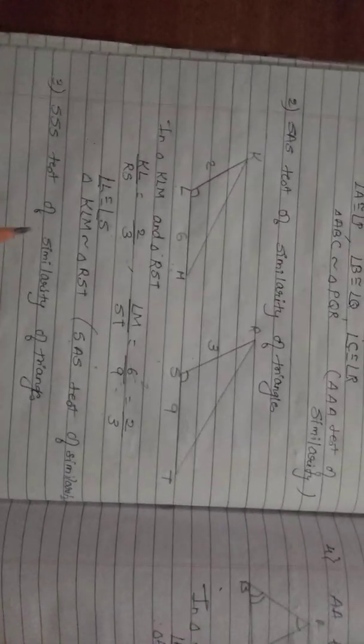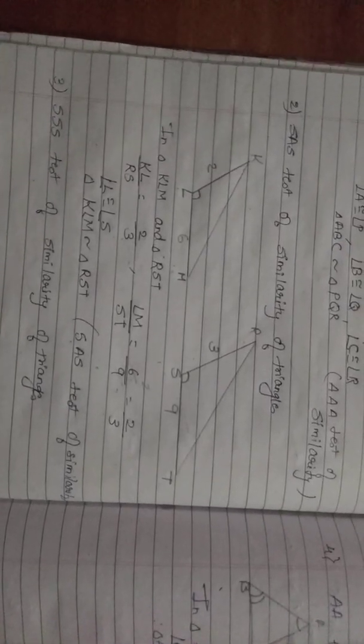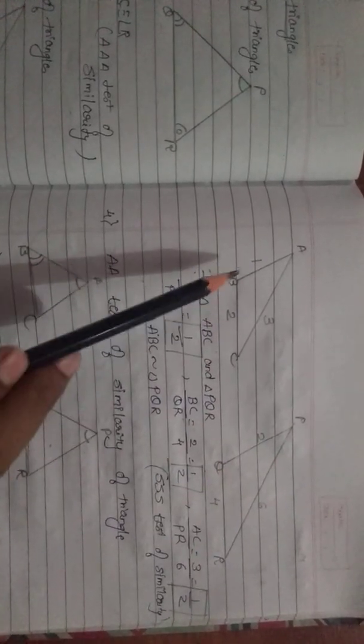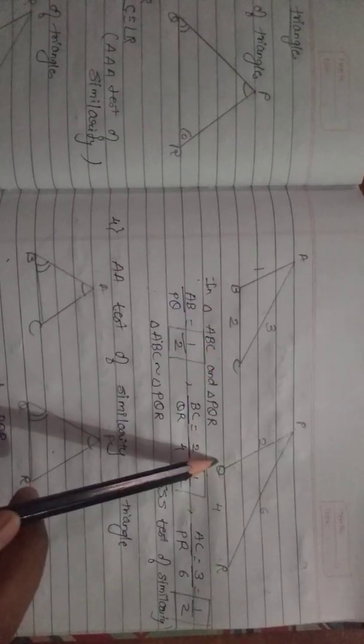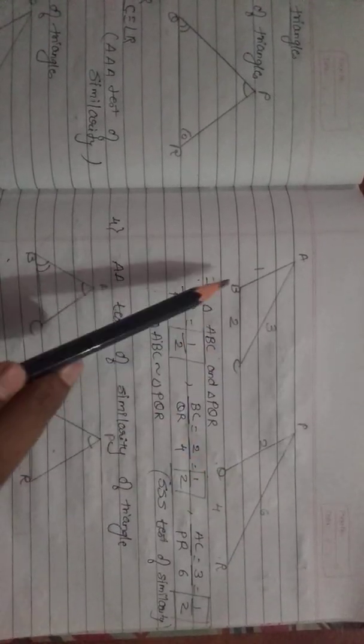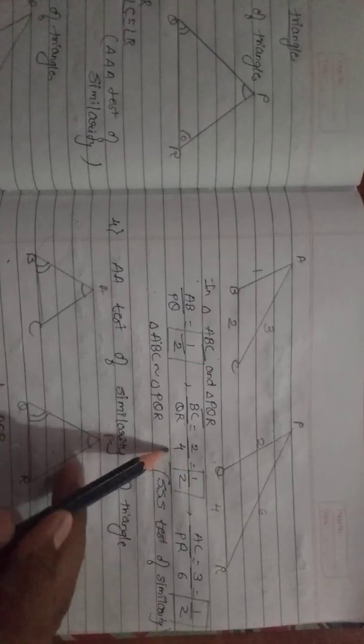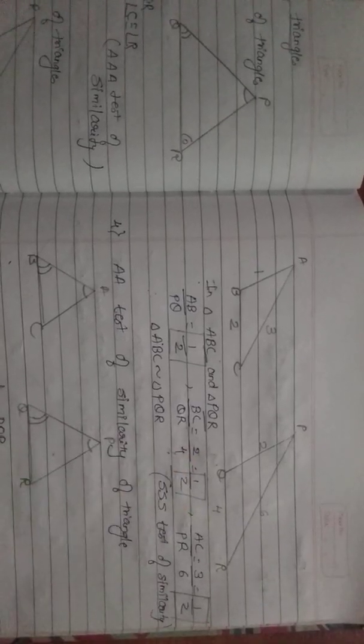And the third one is the SSS test of similarity, the side test. You can see triangle ABC and triangle PQR. AB upon PQ, corresponding sides, 1 upon 2. BC upon QR is 2 by 4, which is 1 by 2.